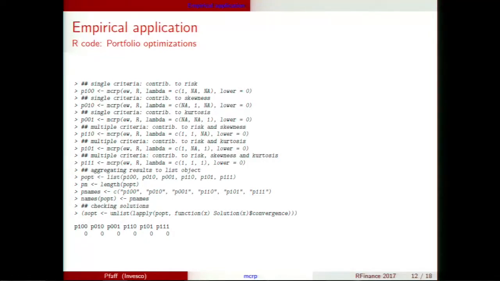We have our return matrix, and then that lambda, as you can see, we just provided a 1 as first element and set the other 2 to NA, and that means this is basically a pure ERC, equal risk contribution or risk parity optimization with respect to the portfolio standard deviation risk. The argument lower equals 0 is part of that ellipsis argument that gets passed down to the optimizer. Hence, we avoid negative allocations.